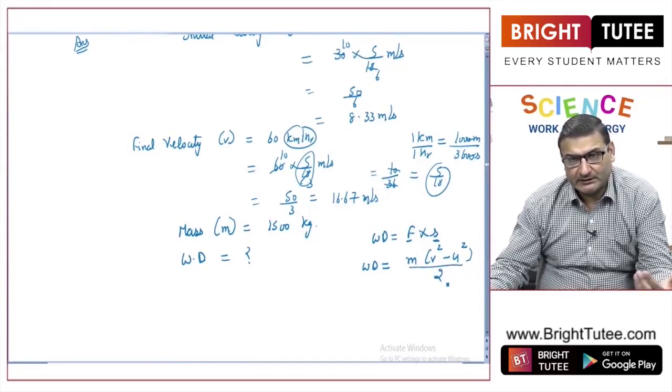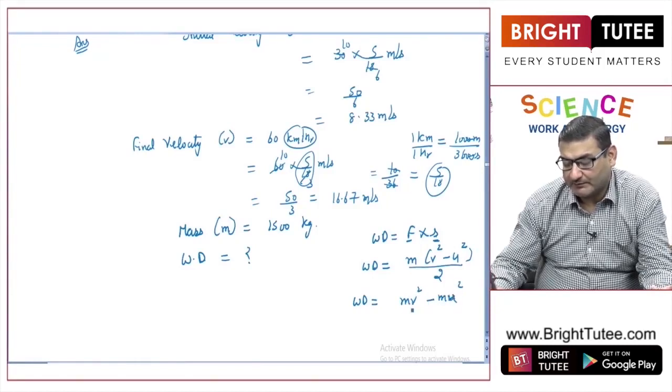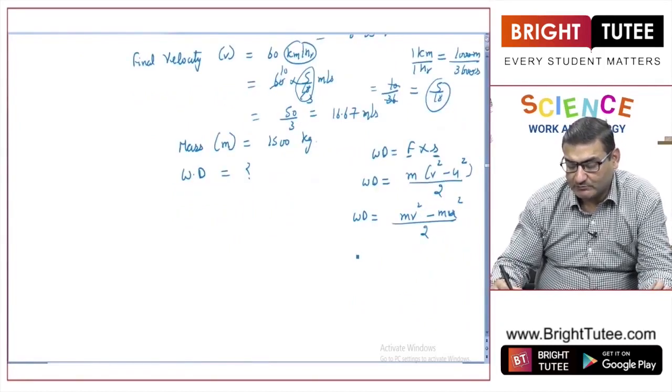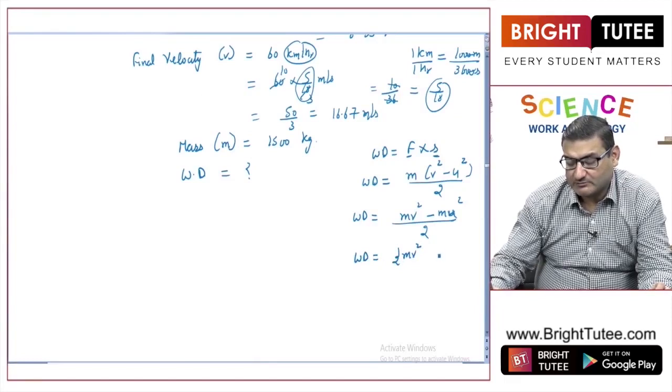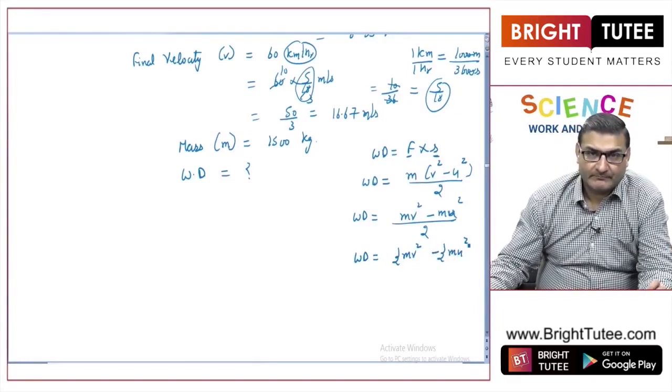If you remember above in the derivation, we can also say that this work done is equal to mv square minus mu square by opening the bracket divided by 2. This can also be deduced as work done is equal to half mv square minus half mu square, right?